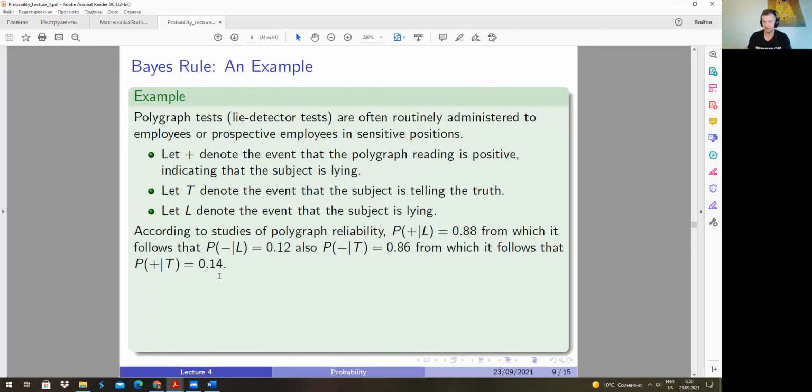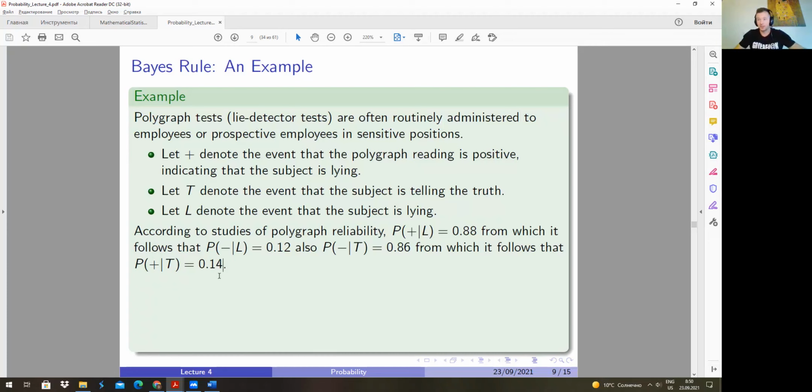I hope you understand the whole concept, right? So the machine can give you a positive or negative result, and the person can tell you the truth or can lie. And we have conditional probabilities of this machine's reliability. Basically, ideally, we want this conditional probability to be 1, right? So the machine tells you a positive result when the person lies.